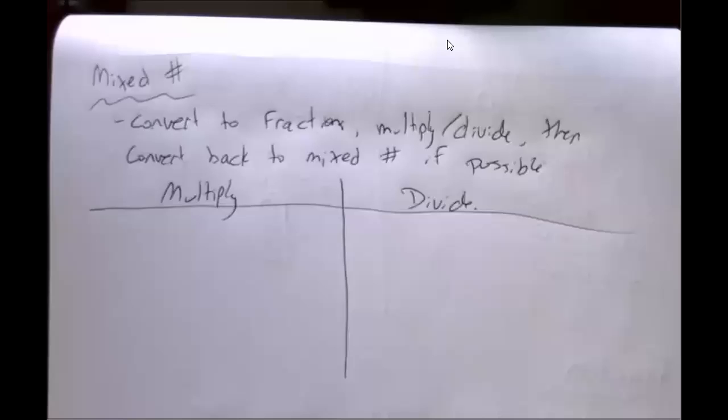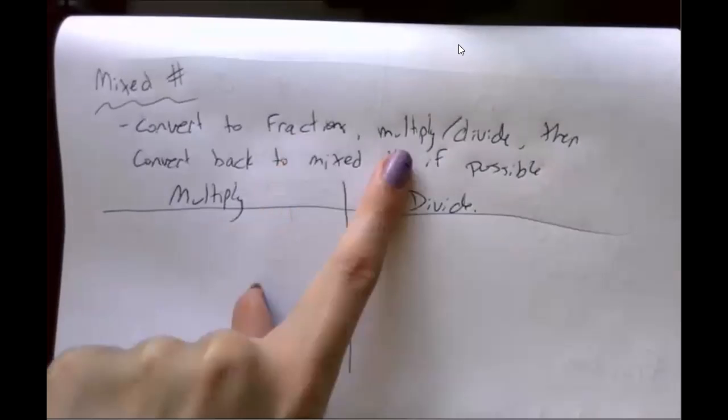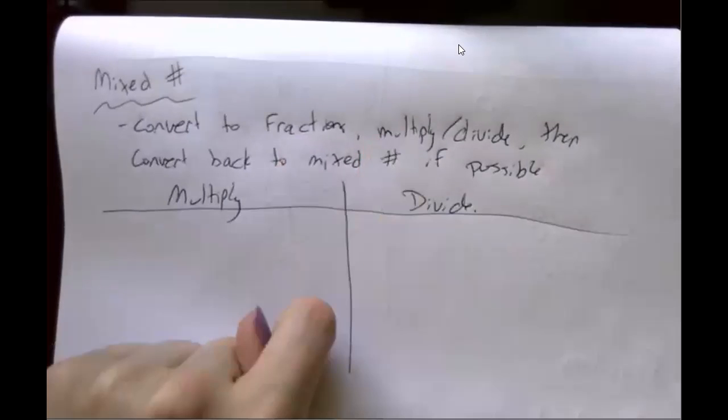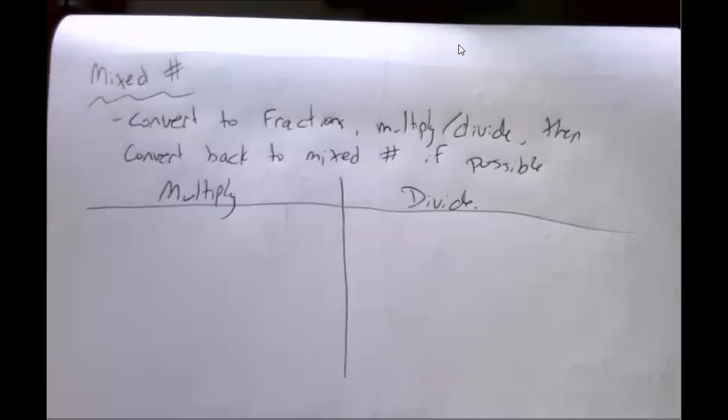Okay, the last type that we're going to look at here is how to multiply and divide with mixed numbers. And the easiest way to do that is to just convert into fractions, multiply or divide the way we just went through, and then if possible, convert back to a mixed number.